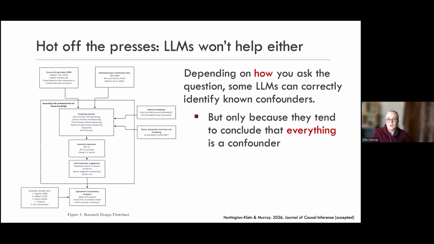And they're pretty good at saying, yes, this is a confounder, but only because they say yes, this is a confounder to absolutely everything you ask of them, including things that are completely not confounders, like subject ID number. So they're not going to help you either.